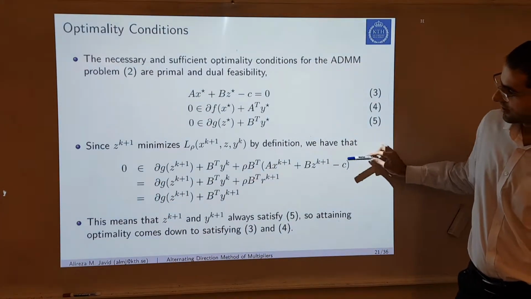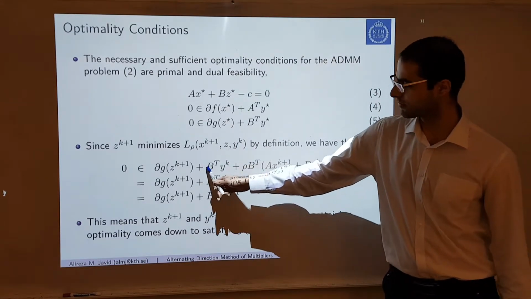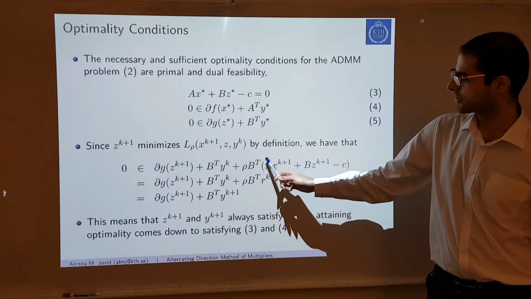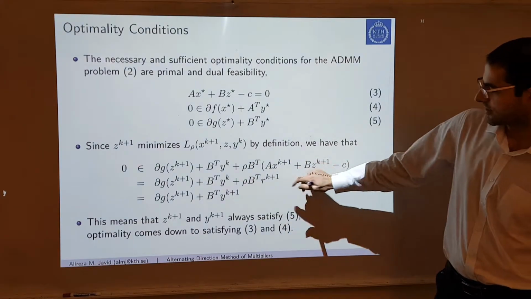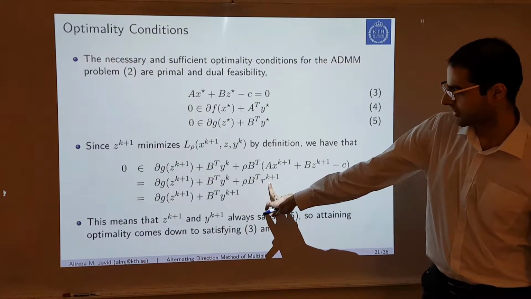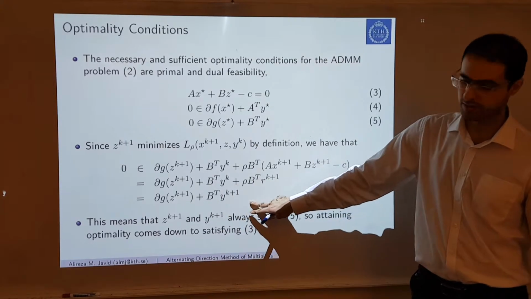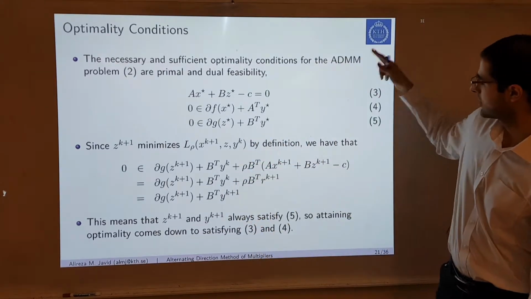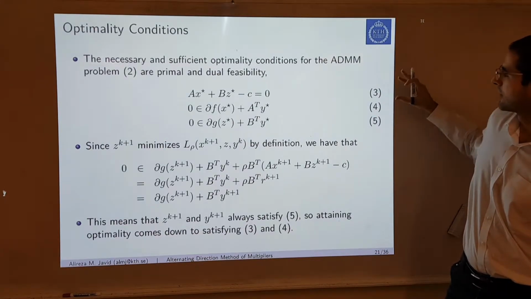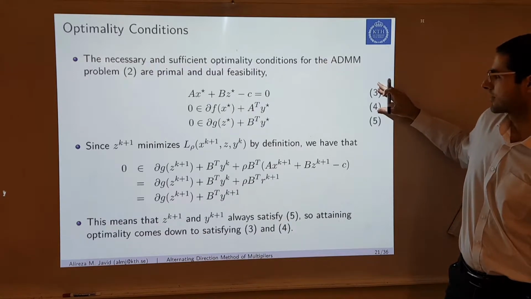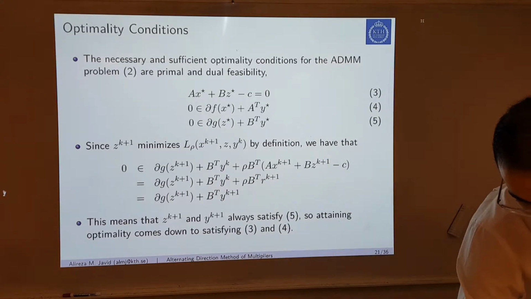You will see this is the derivative of y times the residual, you will get b transpose, and this is rho over 2 norm 2 of this residual. Again, you can write this by substituting the residual r, and you can see that y plus rho r is actually yk plus 1. So we are again satisfying condition number 5. Therefore, the optimality of ADMM results from the optimality of this. So it's also satisfying conditions 3 and 4, so that's what we should be looking for.